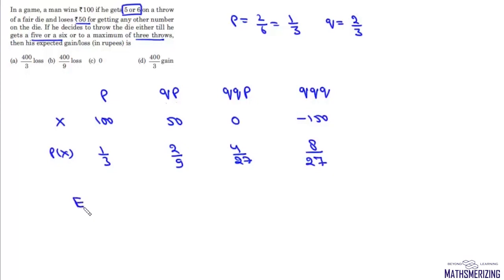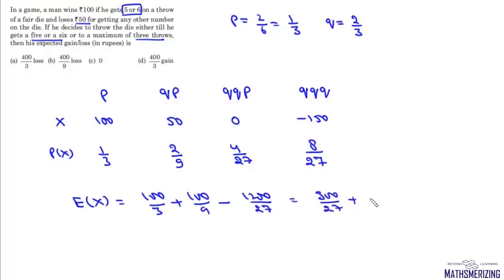So expected value of this random variable x will be 100/3 plus 100/9 minus 1200 by 27. Now this is 900 by 27 plus 300 by 27 minus 1200 by 27, which is 0. So expected value is 0.